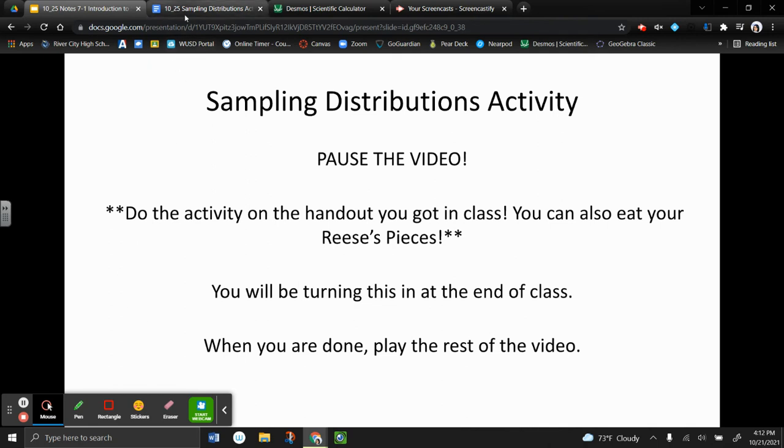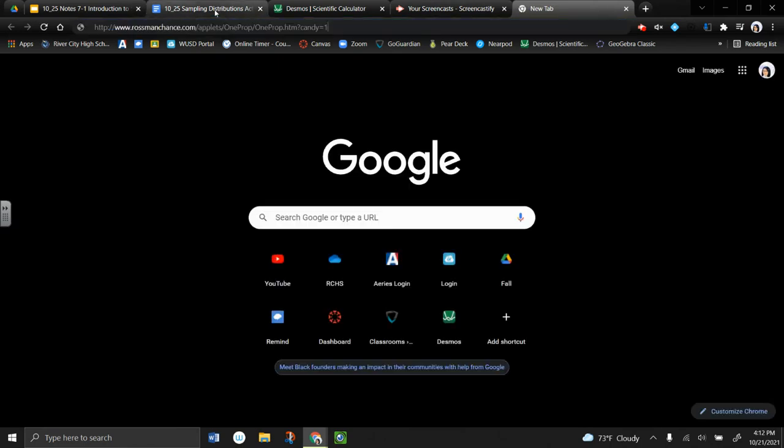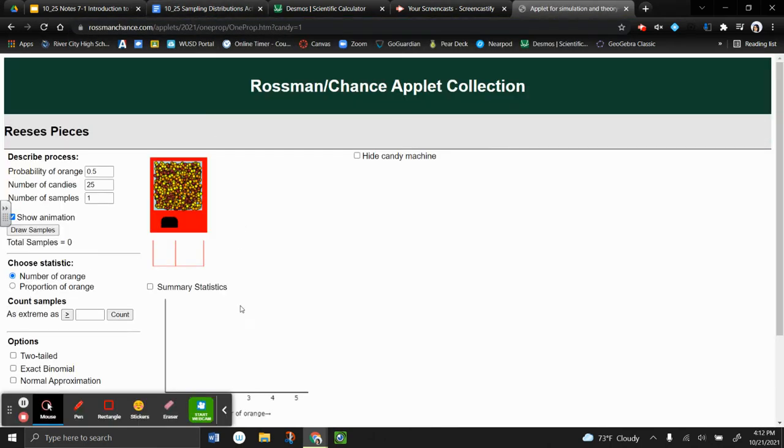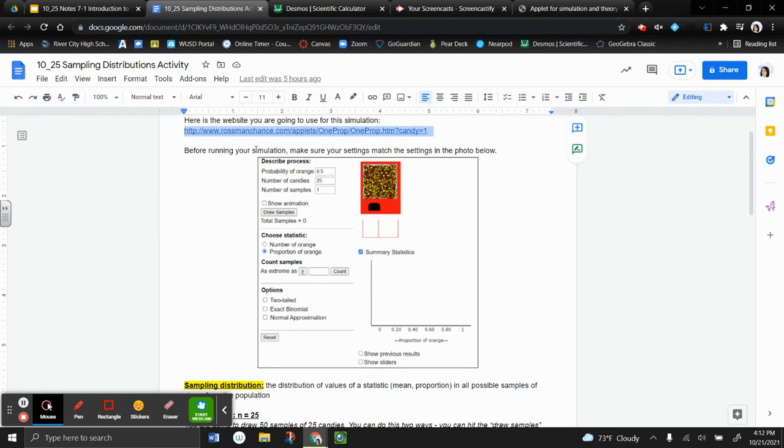Okay, so in the activity, I'm just going to go over instructions real quick. This is what the activity should look like. You're going to type in this website into your computer. And it's a simulation website. So before you run your simulation, make sure that your settings match the ones in this photo below. So the probability of orange should be 0.5, number of candy should be 25, number of samples is 1.